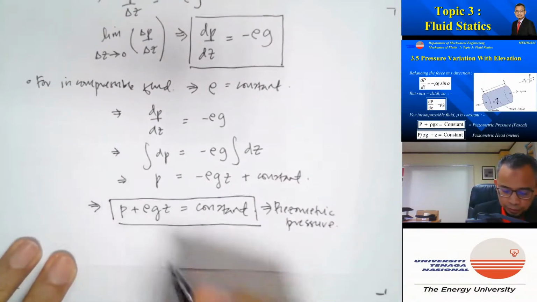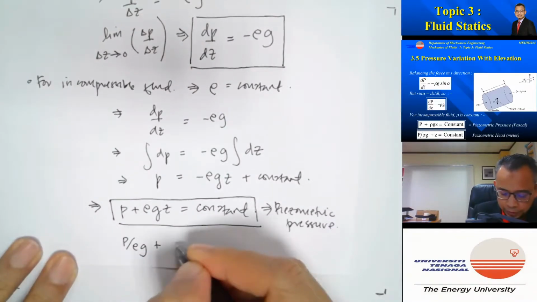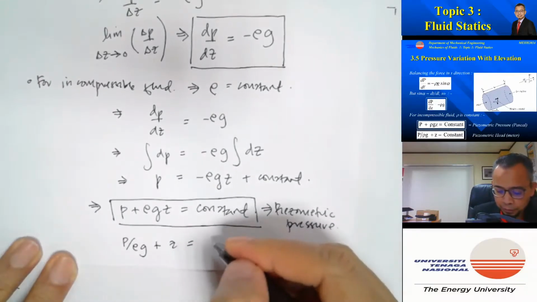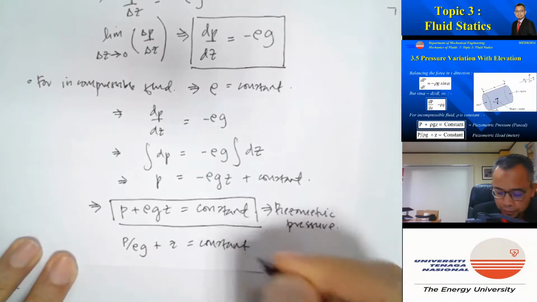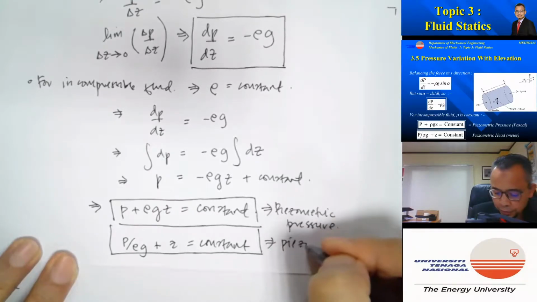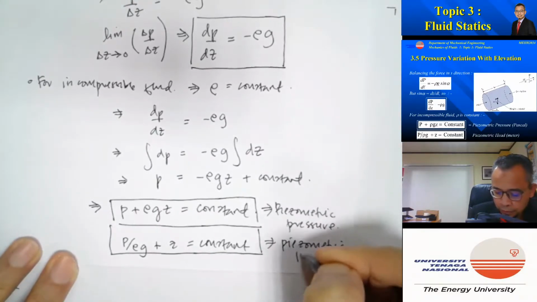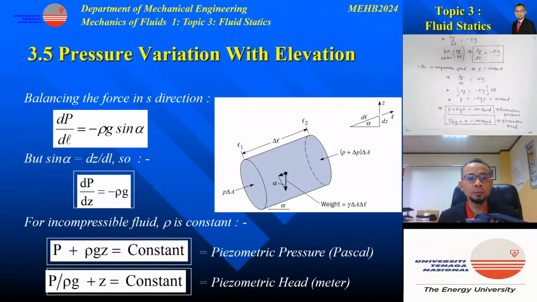If we divide everything by rho g, we have P over rho g plus Z is equal to this constant divided by rho g, so it is another constant. This is called piezometric head. So we can conclude that in any static fluid, the piezometric pressure, which is P plus rho gz, is constant anywhere within the fluid.